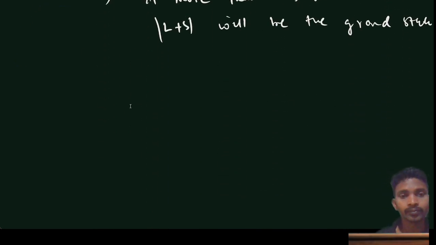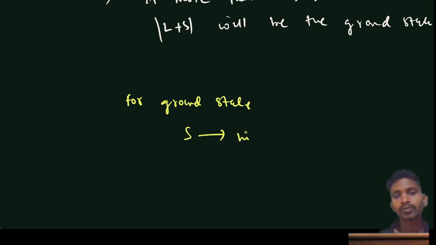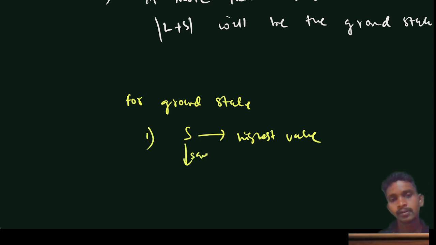So for the ground state, first we look at the highest S value. If it is the same, then we go for the highest L value.